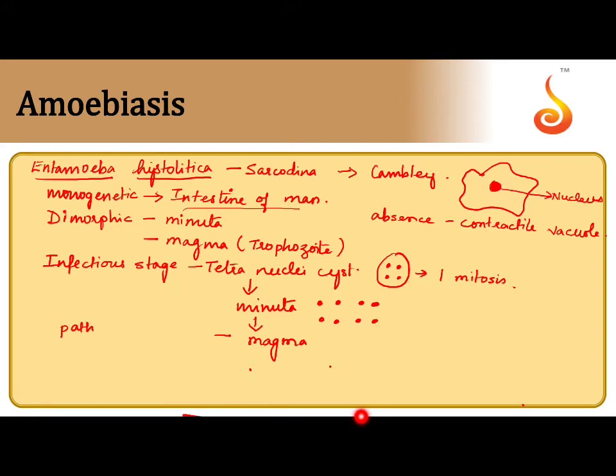What is the difference between pathogenic stage and infectious stage? Infectious stage: infection happens when we get the organism inside our body through contaminated food and water. Pathogenic stage: when the symptoms start to be seen. So, what basically this magna does is it secretes a chemical called histolytic enzyme.